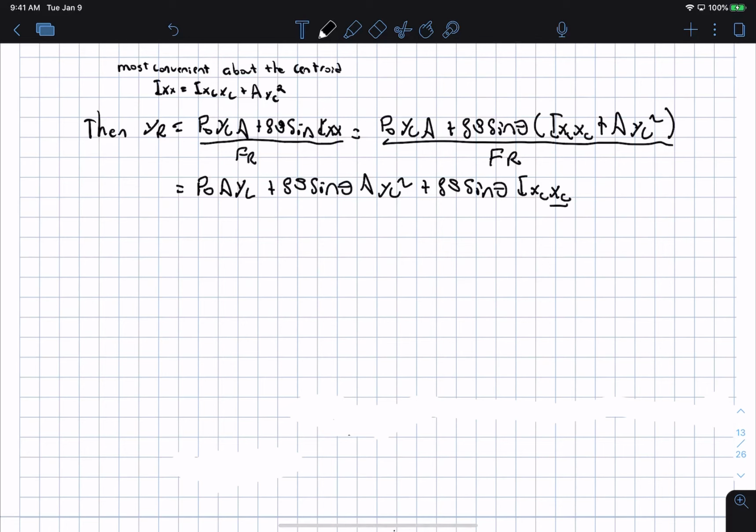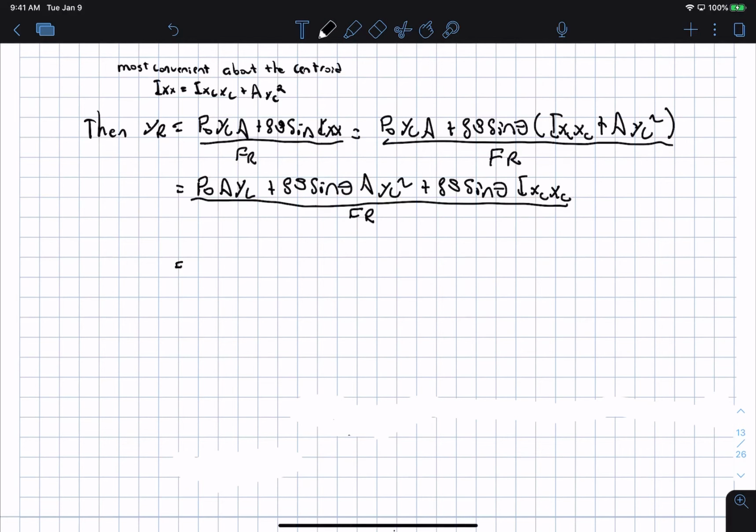And that's again divided by the resultant force. So I'm going to group these two terms together here.